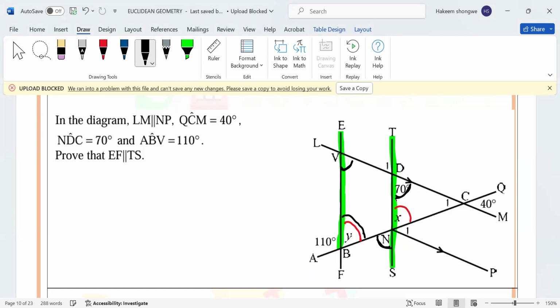So meaning that your aim is to show that this angle and this angle are equal, or that this angle and this angle are equal.